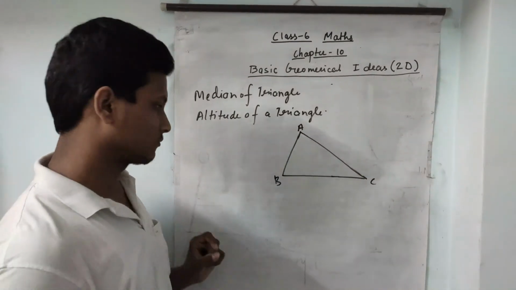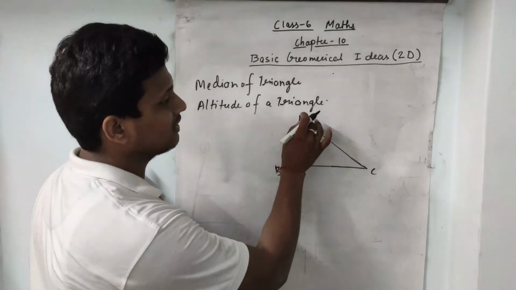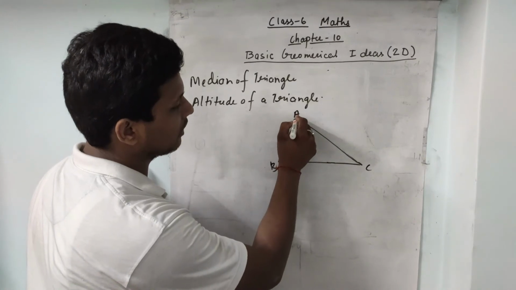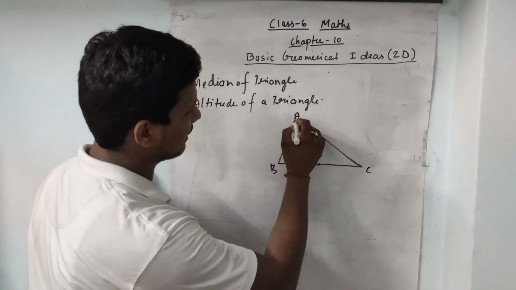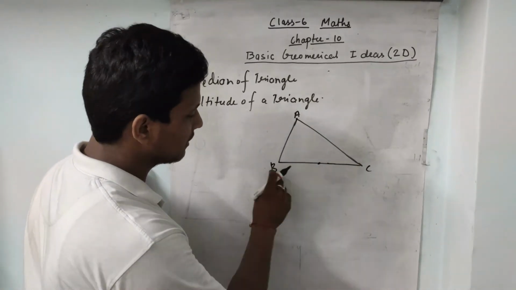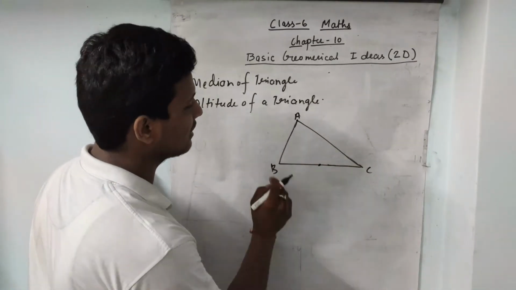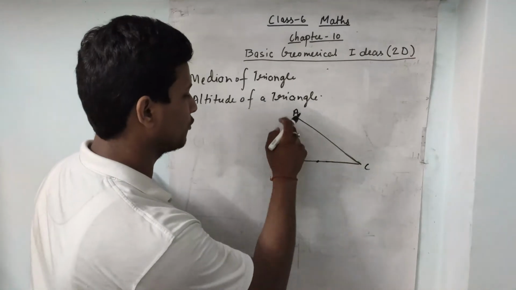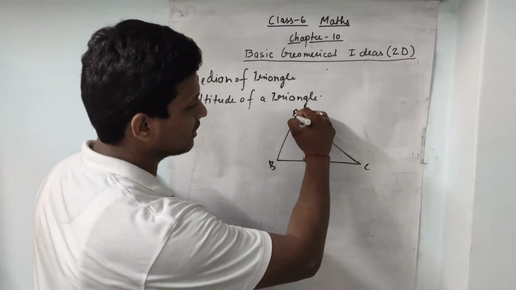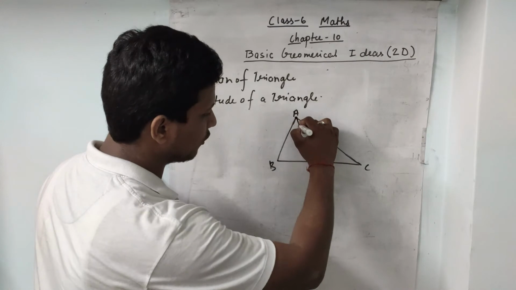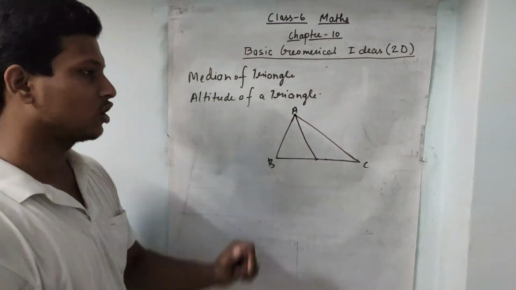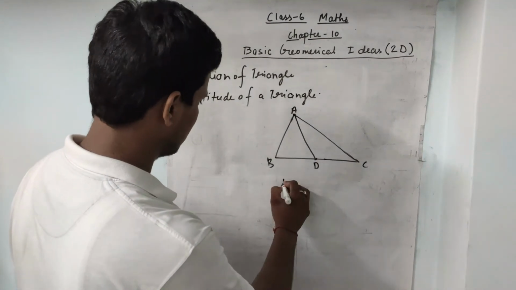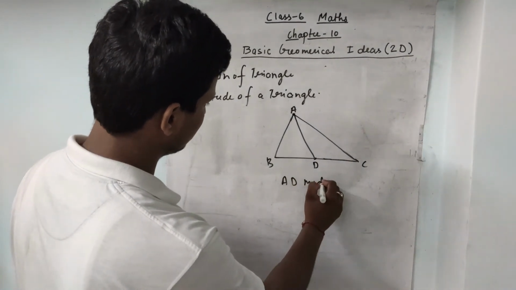We take a point and meet it with the middle point of the opposite side. A has the opposite side BC, B has the opposite side AC, and C has the opposite side AB. If we join the point A with the middle point of the opposite side BC, it is called the median, like AD. So AD is the median.